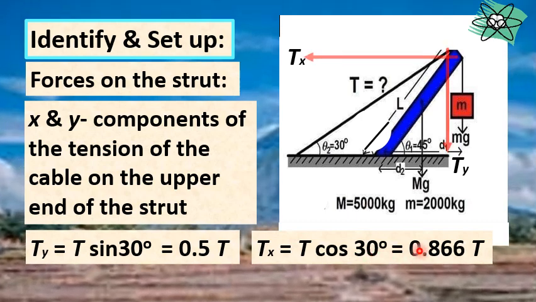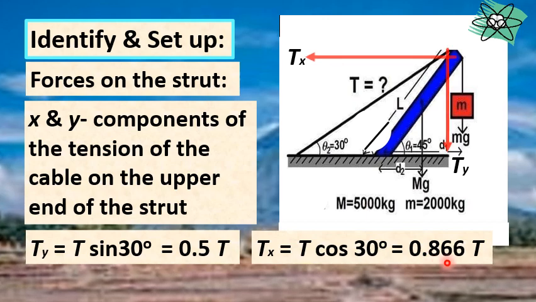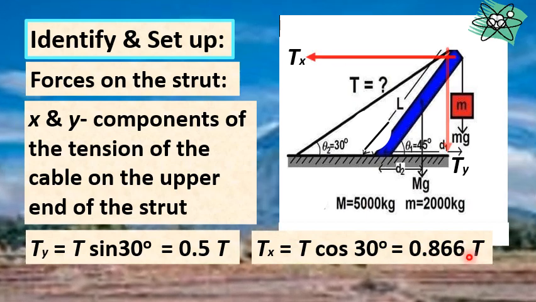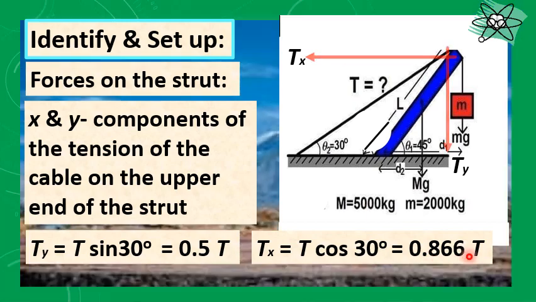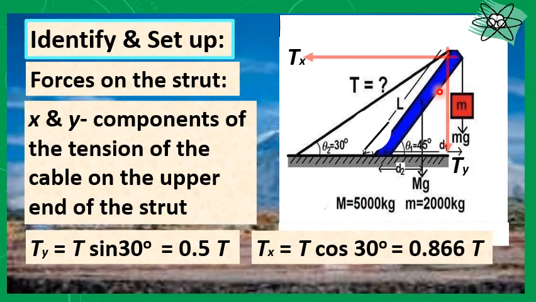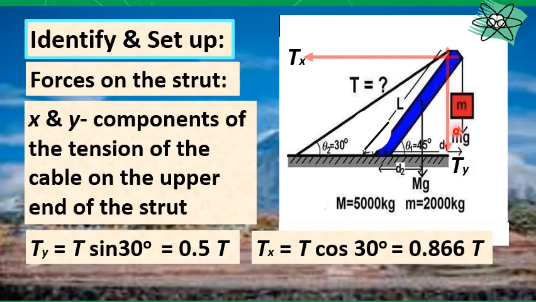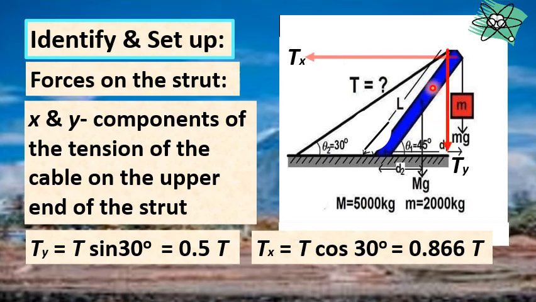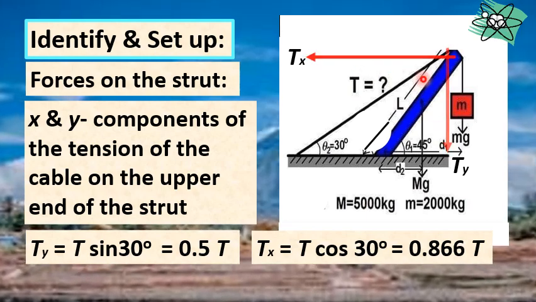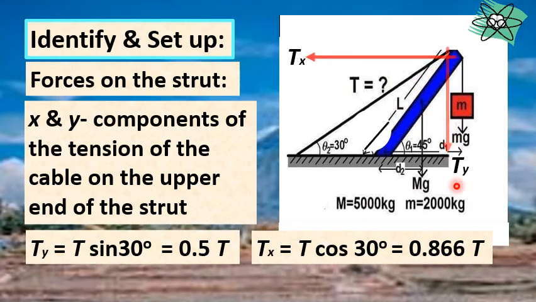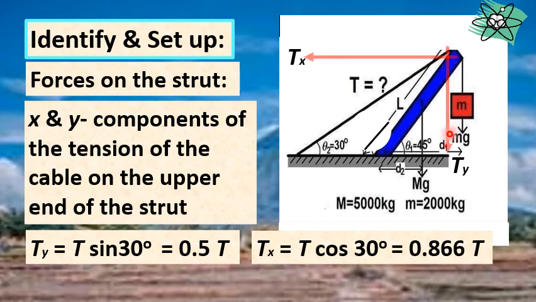Of course, that is equal to 0.866 times the tension force capital T. So take note, the direction of T sub x is to the left, while that of T sub y, of course, is downward.